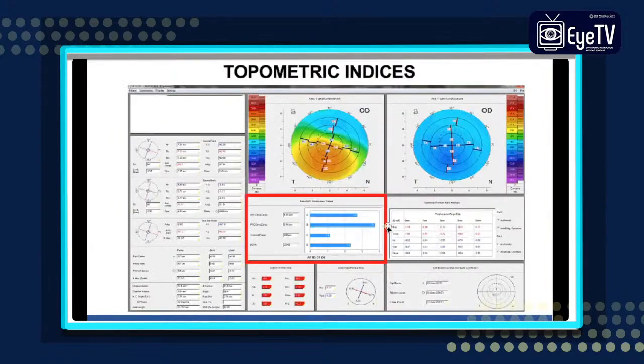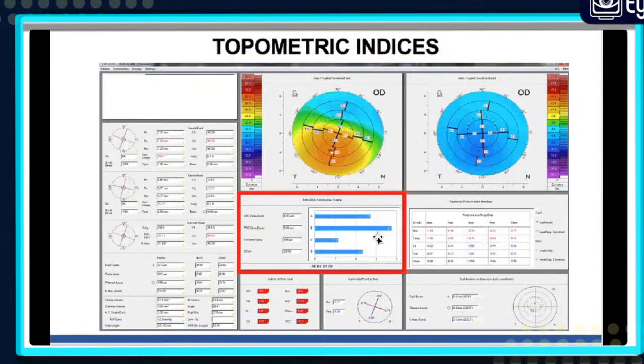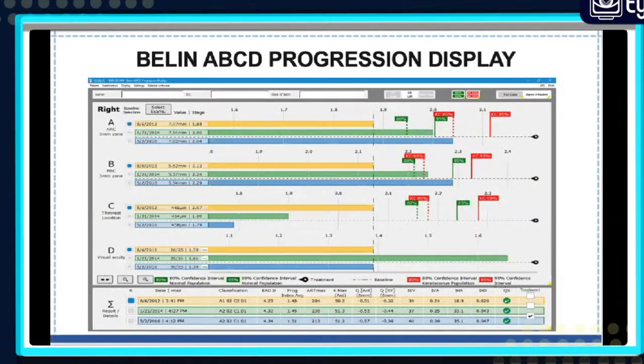You can see the Belin ABCD keratoconus staging in the topometric indices display, as you can see here in the red box. So after staging keratoconus, we can monitor for progression by using the ABCD progression display. And this allows you to visualize progression over a series of follow-ups.